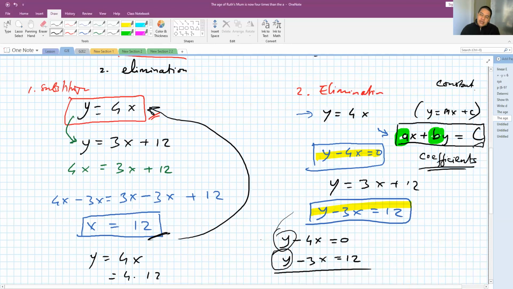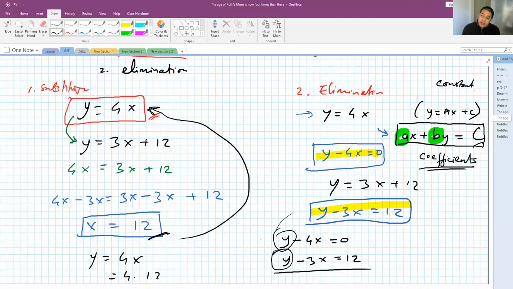So that's the condition that we want to have with elimination. If we don't have that kind of condition, we need to multiply by something first so that the coefficients will be the same. In this case, we don't need to do that because they're already the same. In the future we will see cases where they are different, so we need to multiply them.